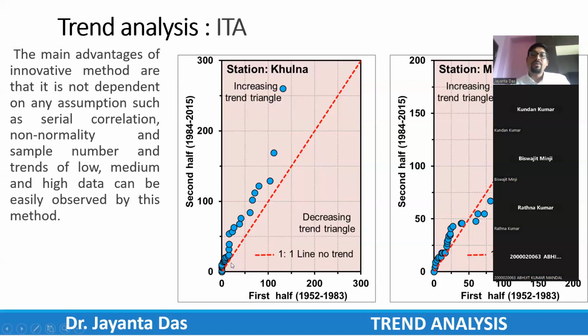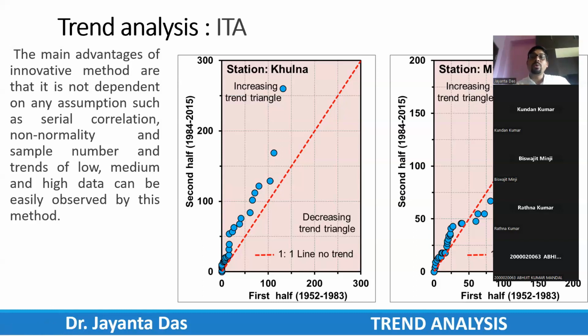Then we have to draw it, x against y. Always we take the first half on x. You can also consider the second half on the other axis, then we have to change it. This upper triangle is the increasing trend, and this lower triangle is the decreasing trend. And this red line is the 1:1 line.